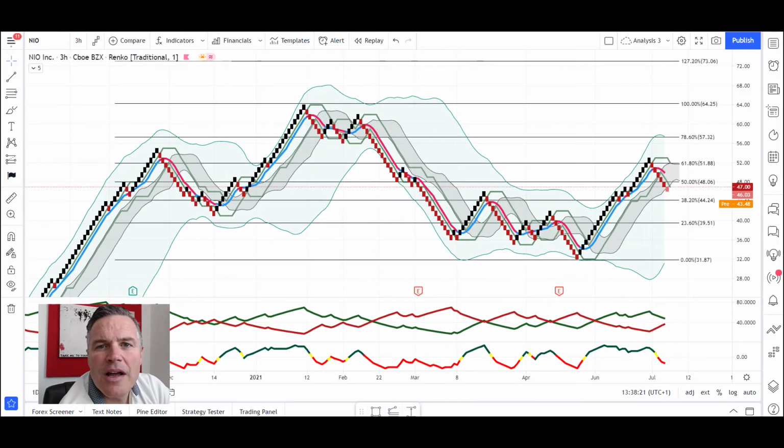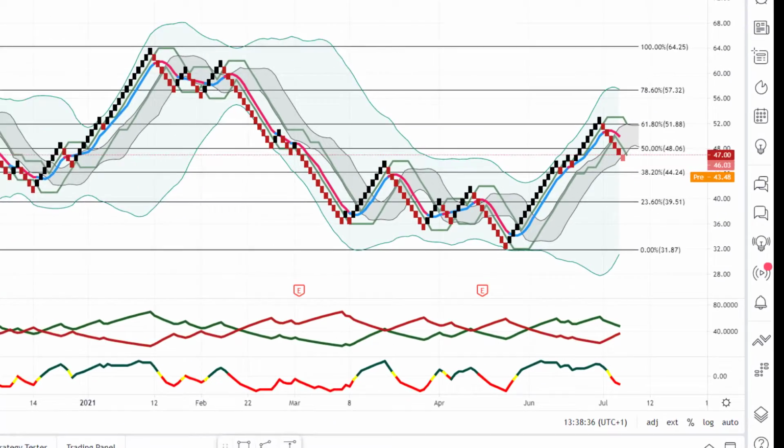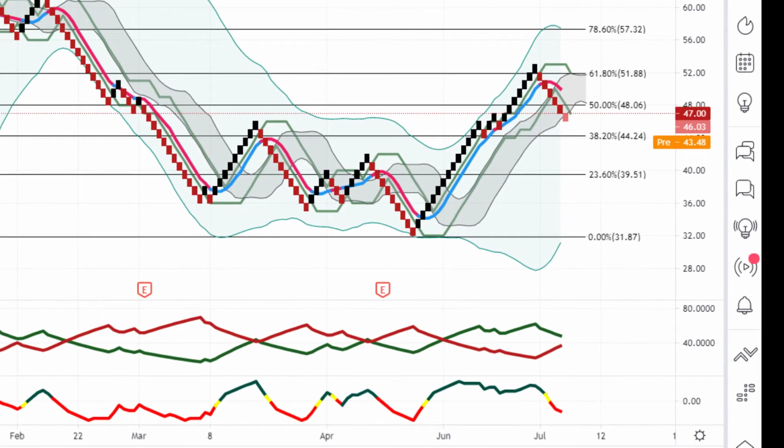Now the Renko charts are my favourite, and I love using them for trading in all sorts of markets and situations, and stocks are one of those situations. If we look more closely, we've got NIO here on a 3-hour Renko traditional 1-point block setup.